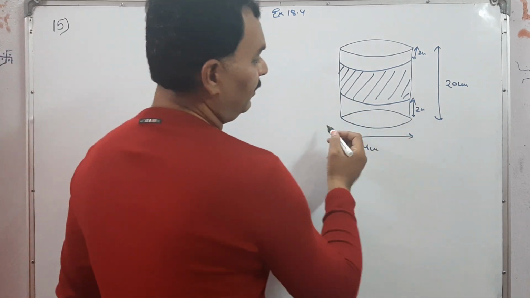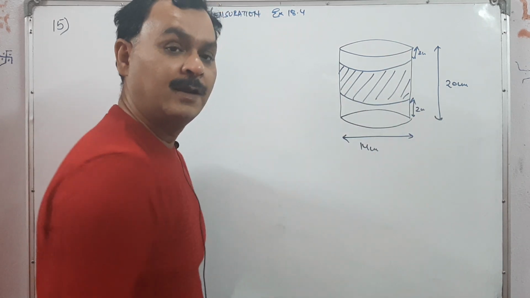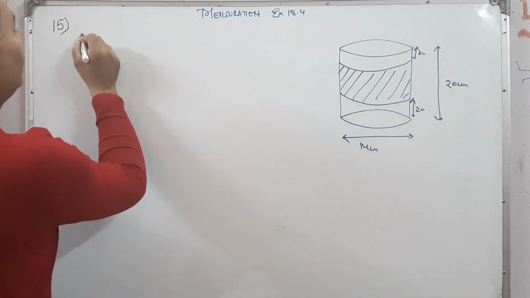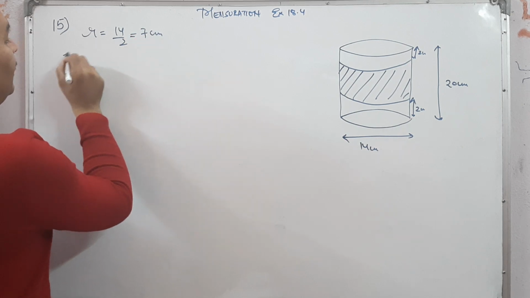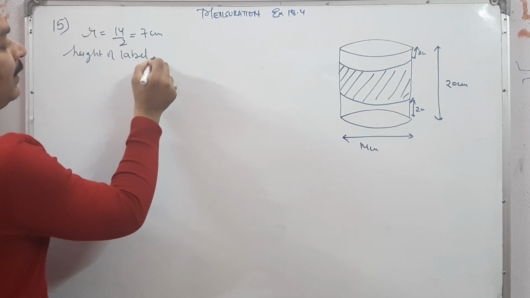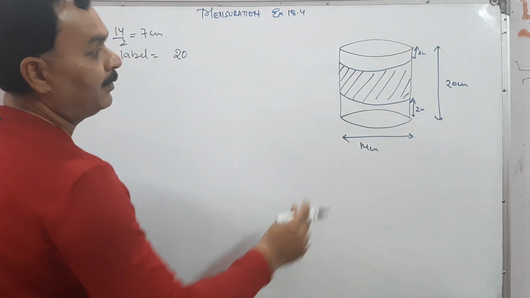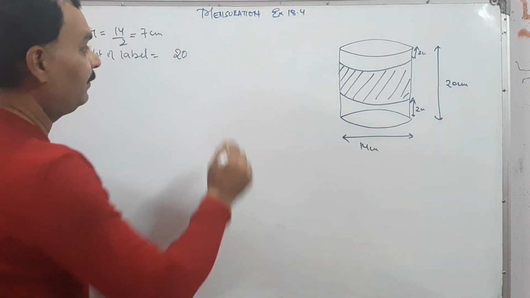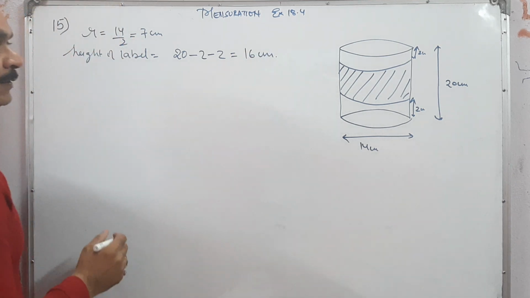So the diameter of the cylinder is 14 centimeter. The diameter of the label will also be 14 centimeter. The radius will be 14 by 2, that is 7 centimeter. Now the height of the label. The total height of the cylinder is 20, leaving 2 centimeter at top and 2 centimeter at bottom, so minus 4, that is 16 centimeter.